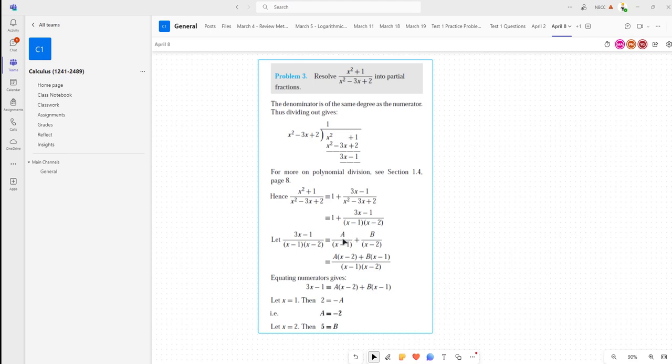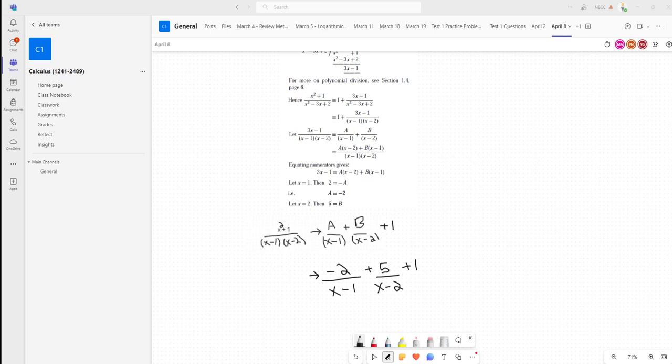We then separate the fraction into A plus B over the two fractions, and then we solve for A and B. Now, in this case, A and B, like we did in the very beginning, are equal to minus 2 and 5. The one thing that changes in this problem is that we have this 1 plus here. So what we need to do is write back in our formula 1 plus our A and B terms. So I'm going to do that now.